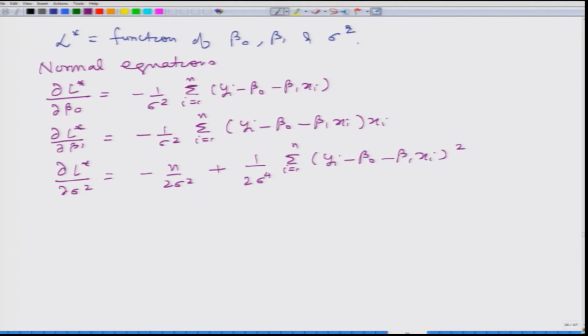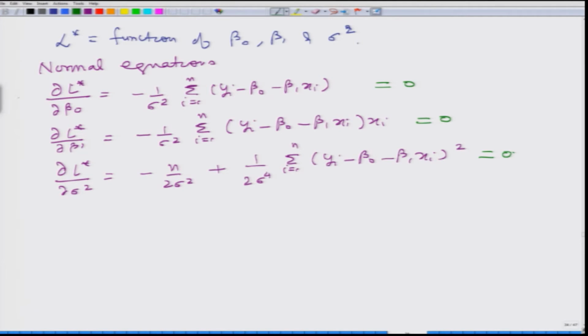Now, our next objective is to equate these normal equations to 0 and obtain their solution. I can do it at this step, for example: substitute it equal to 0 and then solve it.